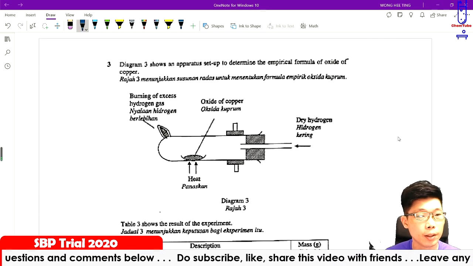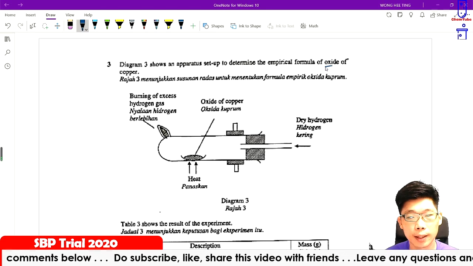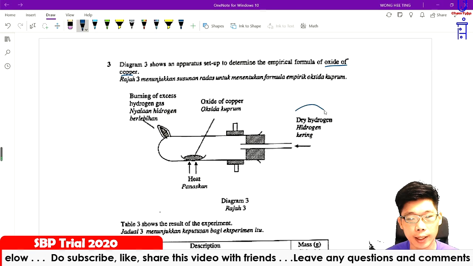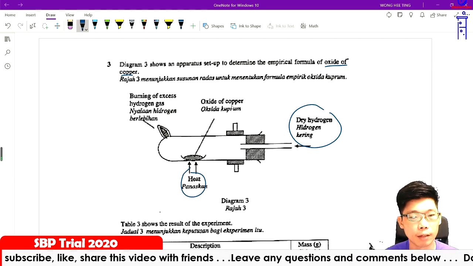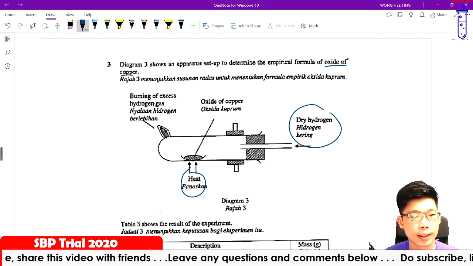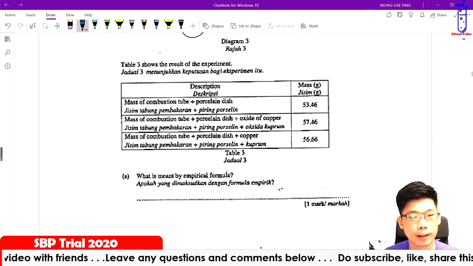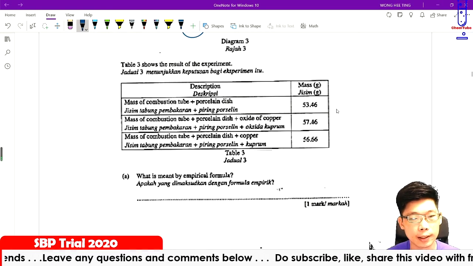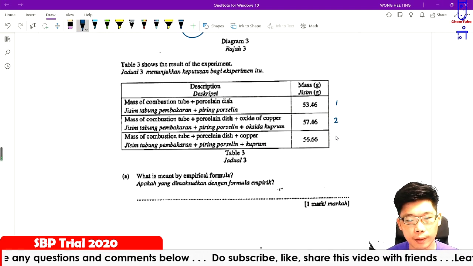Okay, question number 3. The diagram shows the apparatus to determine the empirical formula of oxide of copper. The dry hydrogen gas is passed through the hot oxide of copper because you heat it, then they react here, and the excess hydrogen gas is burned here. Let's see the results given. Let's label them 1, 2, and 3.